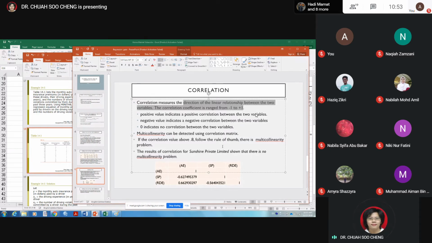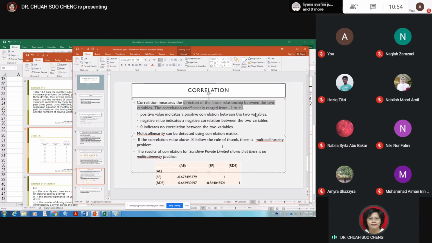A positive value indicates a positive correlation between the two variables. Negative values indicate a negative correlation. 0 indicates no correlation, meaning no relationship, so no point going and evaluating them.